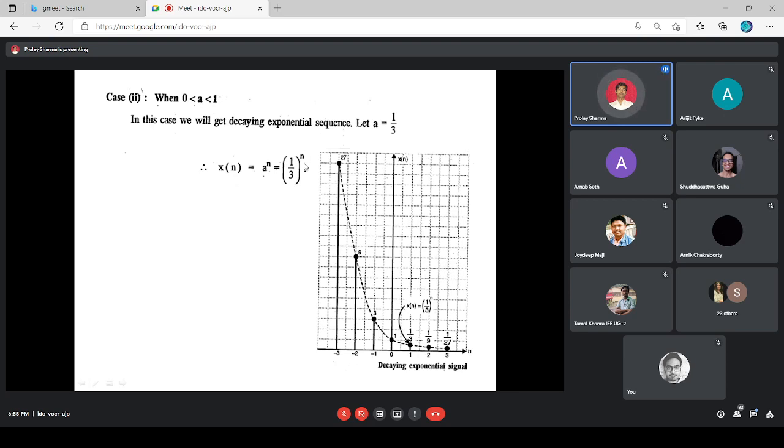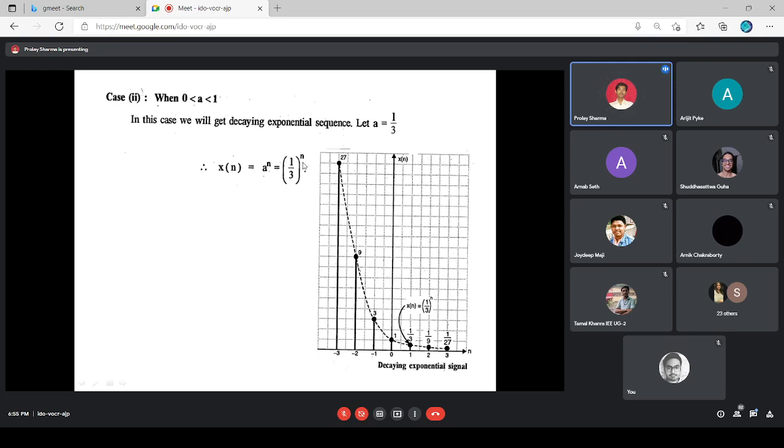When n equal to 0, this is 1, n equal to 1, 1/3, n equal to 2, 1 by 9, n equal to 3, 1 by 27. So as n increases, the amplitude of the signal is decreasing, obviously, because a is less than 1.